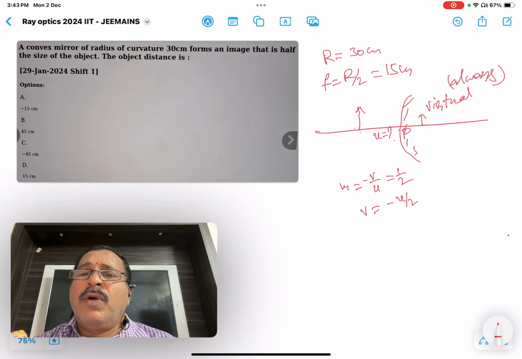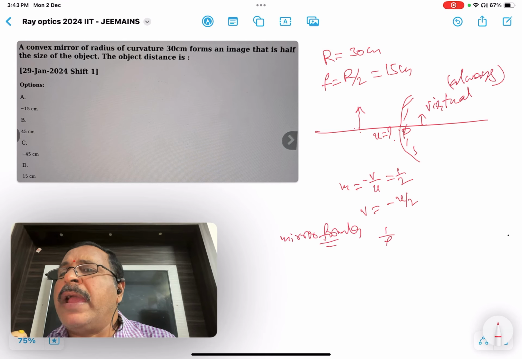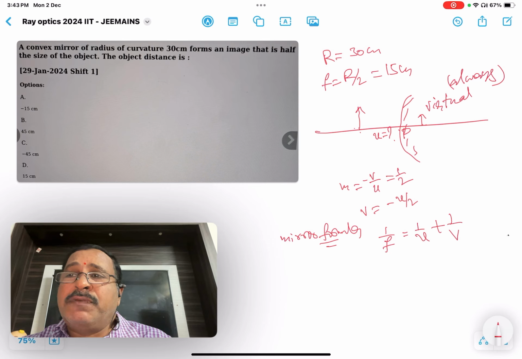So what is the mirror formula? Come on, tell me. Mirror formula: 1 by f equals 1 by u plus 1 by v. It is a general formula, but of course sign convention is followed. The v value is negative for a virtual image and positive for a real image, that we have to consider.